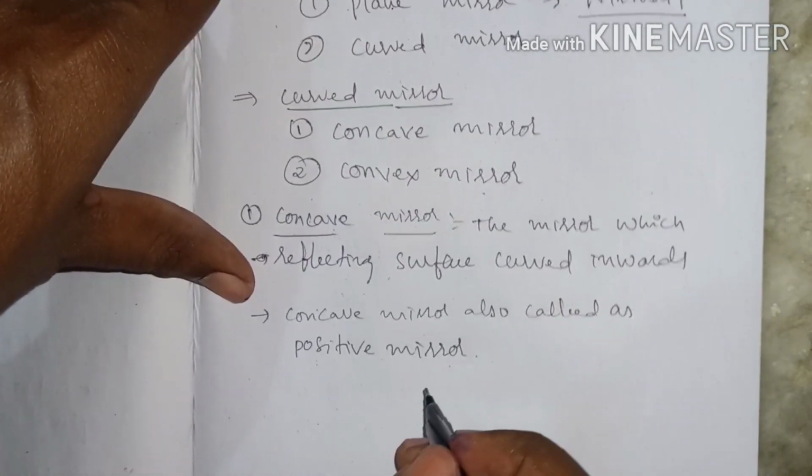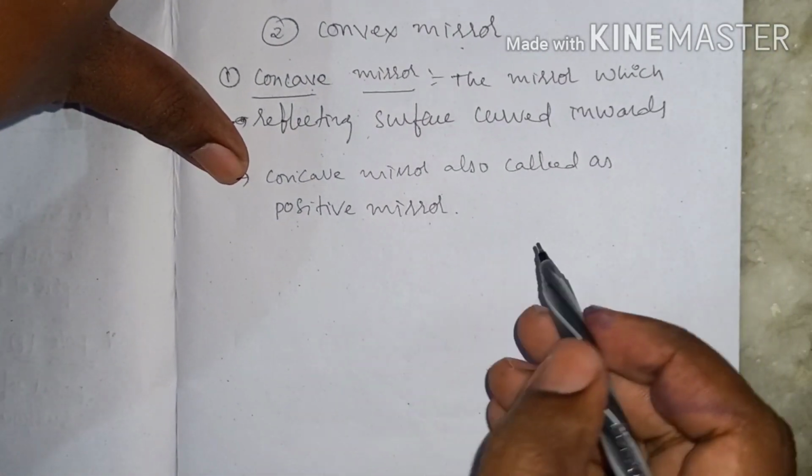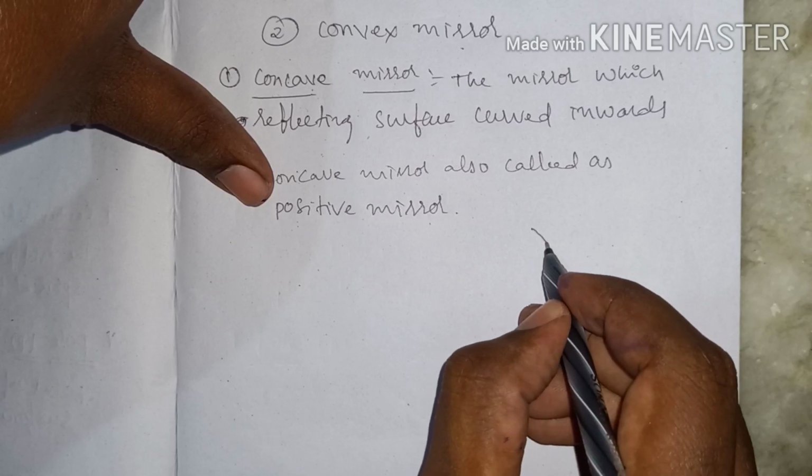So what is the ray diagram of this concave mirror? Like this. See, the shape of the mirror.